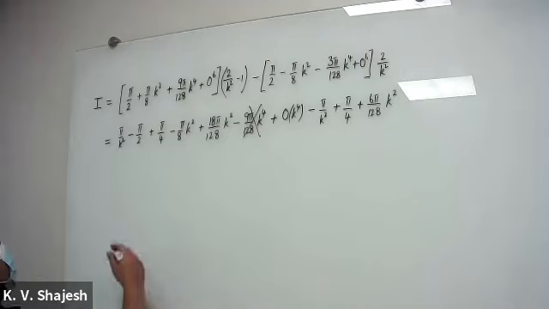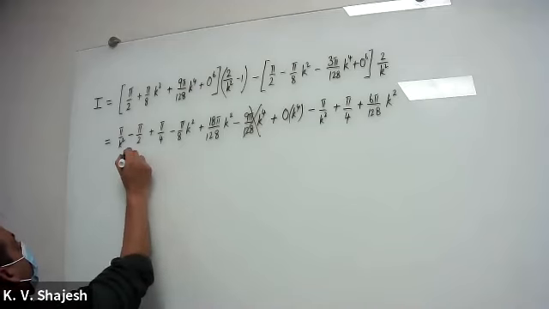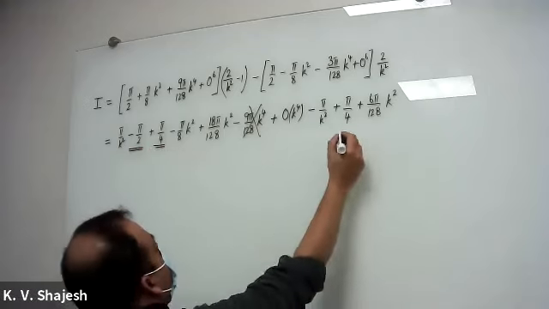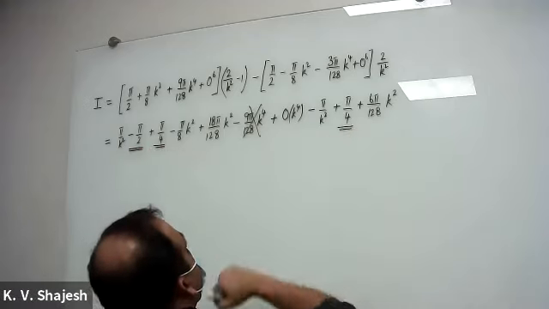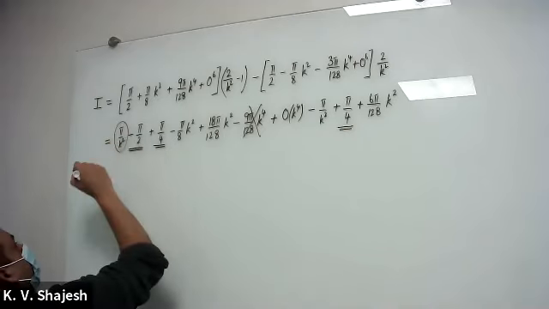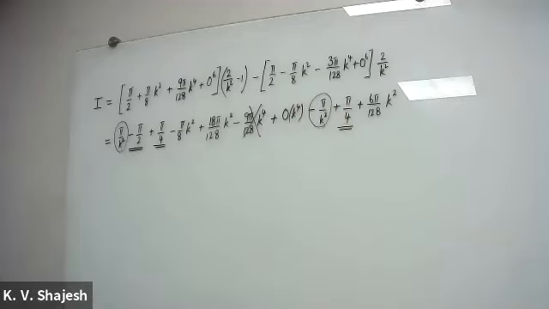Again, let me collect all that. So 0th order will be minus pi by 4 plus pi by 4, that again cancels out. Plus pi over k squared and minus pi over k squared, that still cancels out. And whatever is remaining is our leading k squared, right?